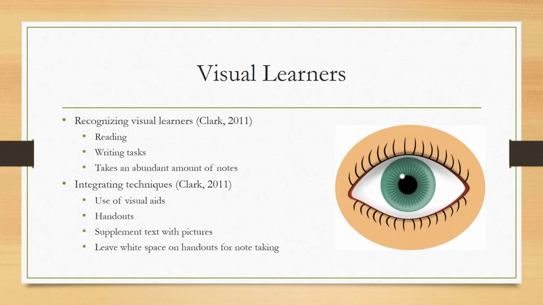Clark states that visual learners have 2 sub-channels, linguistic and spatial. Learners who are visual linguistic like to learn through written language, such as reading and writing tasks. They remember what has been written down even if they do not read it more than once. They like to write down directions and pay better attention to lectures if they watch them.